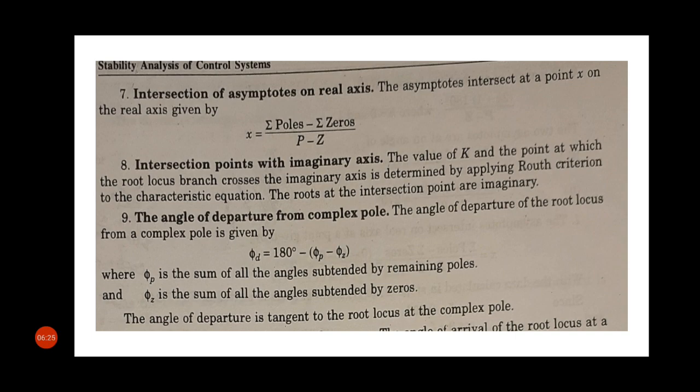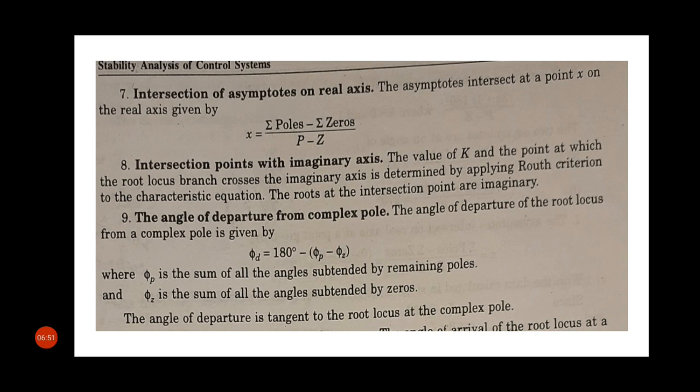If complex poles or zeros are present in the open loop transfer function, then we will find the angle of departure. Otherwise, if there is no complex pole in your system, there is no need to find the angle of departure.